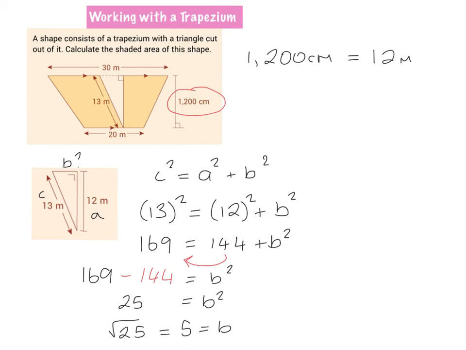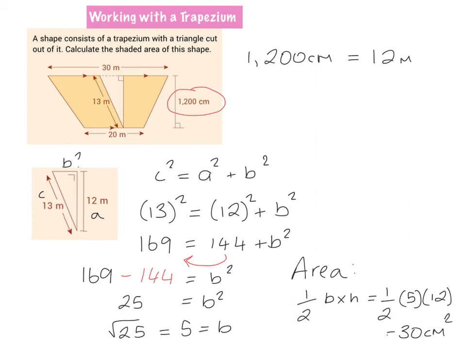So the area of this triangle we can say is half of the base by the height, which we now know is a half of 5, the base, by the height of 12, which will give us 30 centimetres squared. So I've now found the area of this shape, the triangle, this shape here.